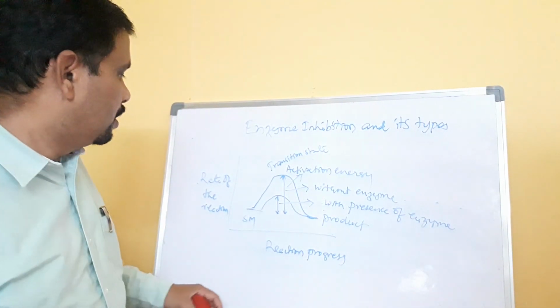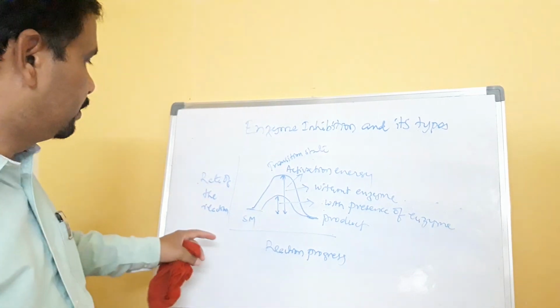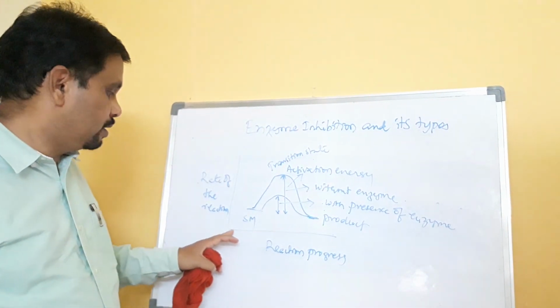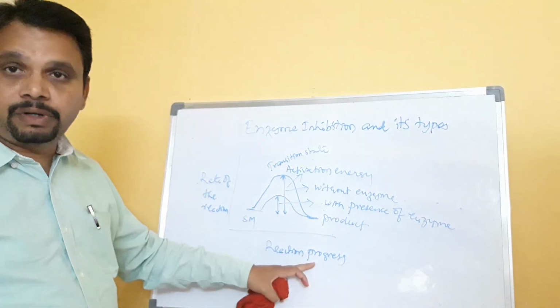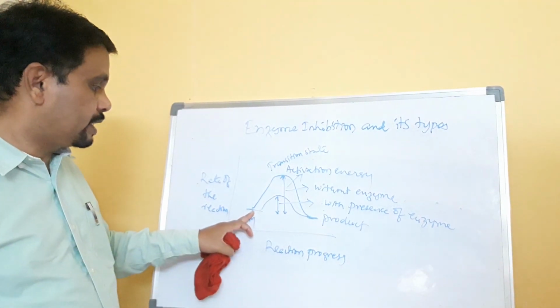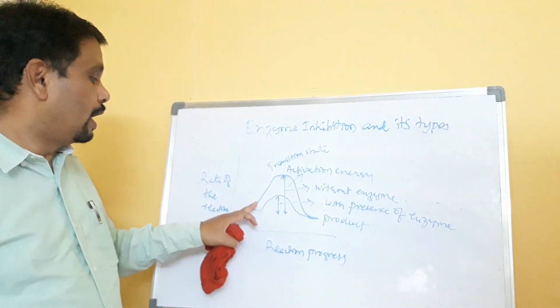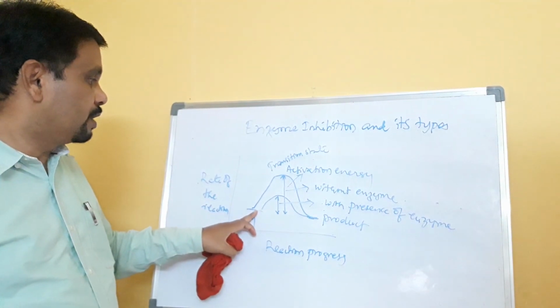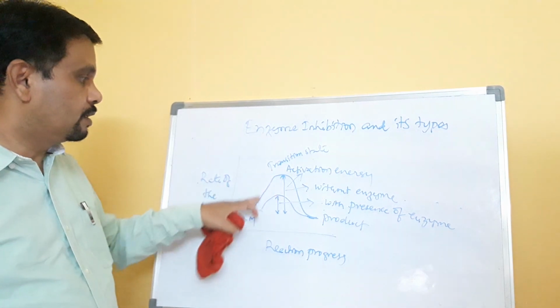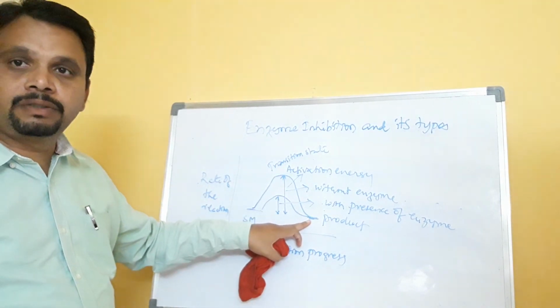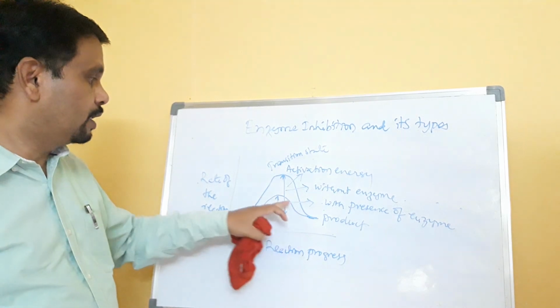So here you can see, on the y-axis the rate of the reaction, on the x-axis the reaction progress. Suppose the starting material has zero energy at this level, and if you give some energy, it will first reach the transition state and finally be converted to product.